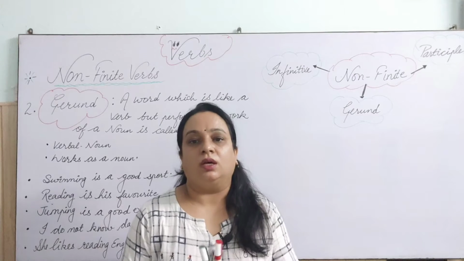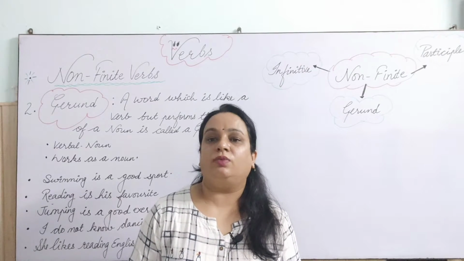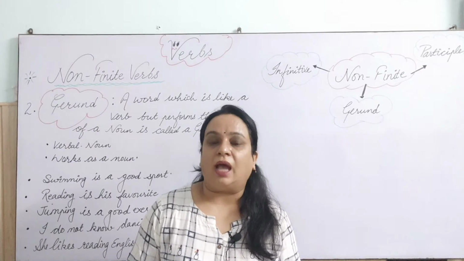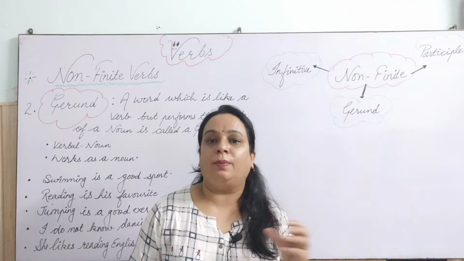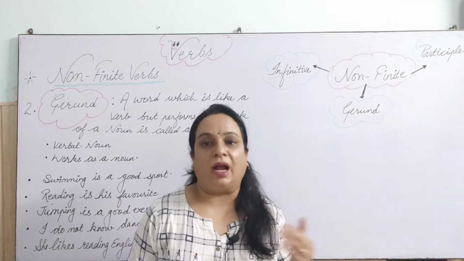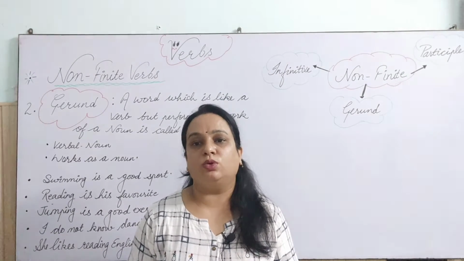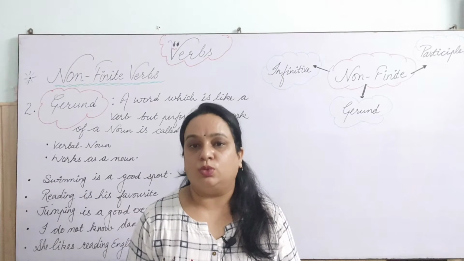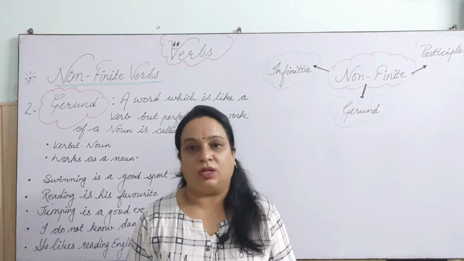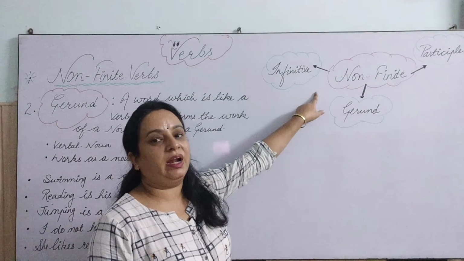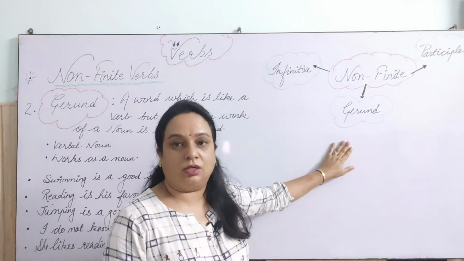One is infinitive, where we learnt the infinitive is to plus verb first, and in some cases where some proper verbs are given, and we discussed that list of the verbs also, where we have to use infinitive without to, which is known as bare infinitive. So today we will discuss the second part of non-finite verbs, that is gerund.